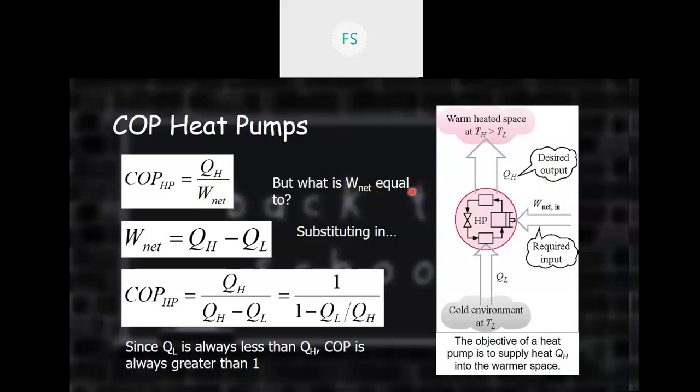But what is W net equal to? Still the same, since we are referring to the energy balance equation, W net equals QH minus QL. Therefore, COP of the heat pump becomes 1 over 1 minus QL over QH. Since QL is always less than QH, COP is always greater than 1.